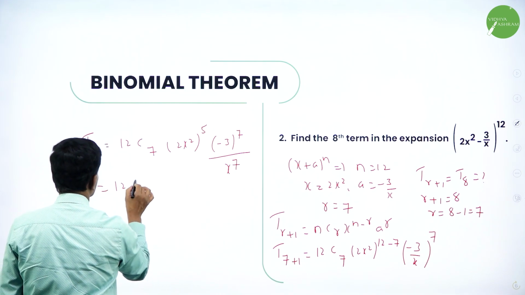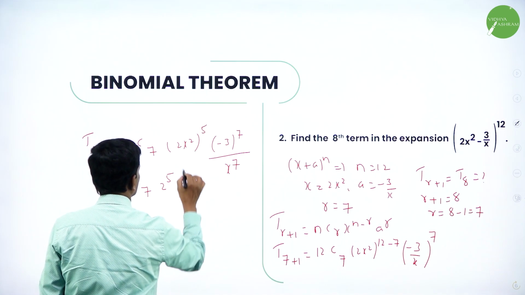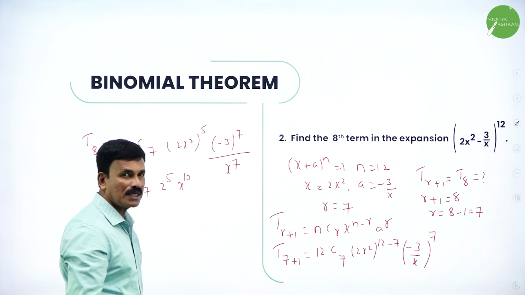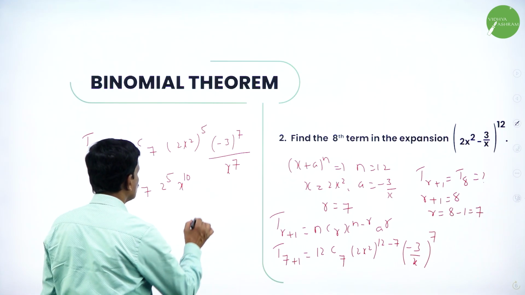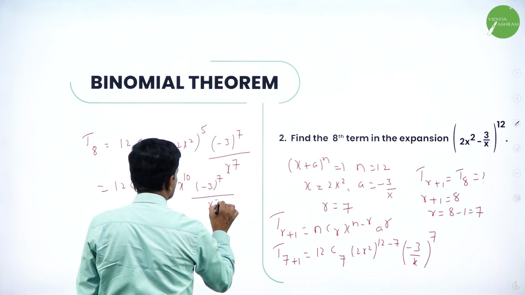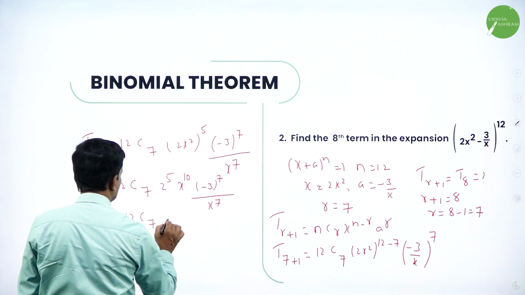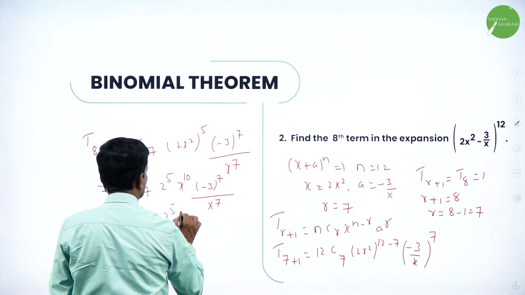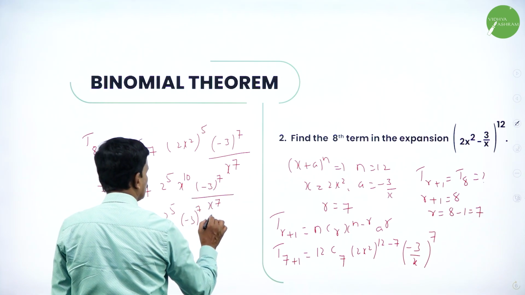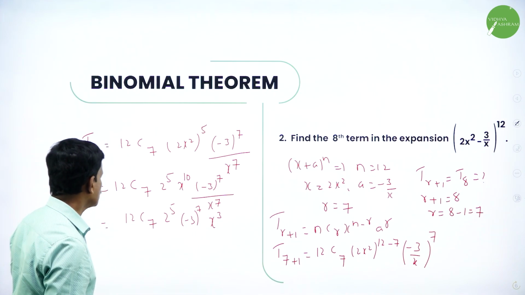So this is equal to 12C7 2 to the power of 5 x to the power of 2 fives are 10 into (minus 3) to the power of 7, as it is, divided by x to the power of 7. So if we simplify this, 12C7 into 2 to the power of 5, (minus 3) to the power of 7, x to the power of 10 minus 7 is x cube, right? If we simplify, we will get the answer, that's it.